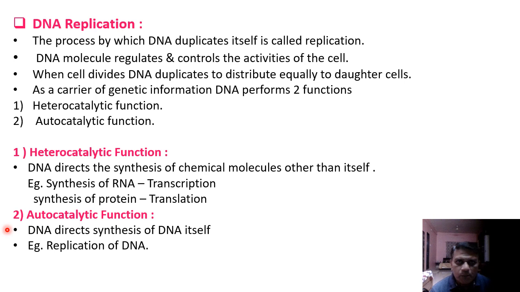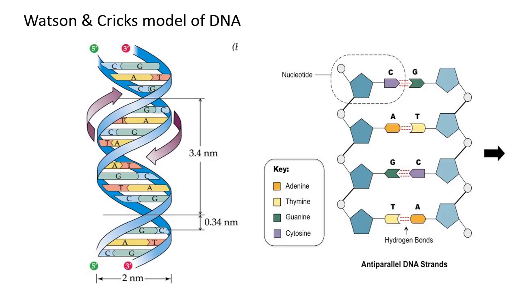Now in the process of DNA replication, DNA produces exact copies of itself or duplicates to produce new DNA molecules. Now the process of replication occurs in different steps. So we are going to learn this process in a stepwise manner.